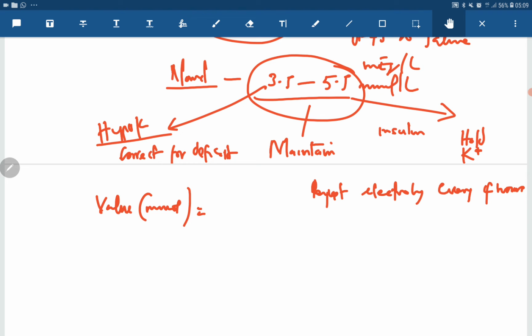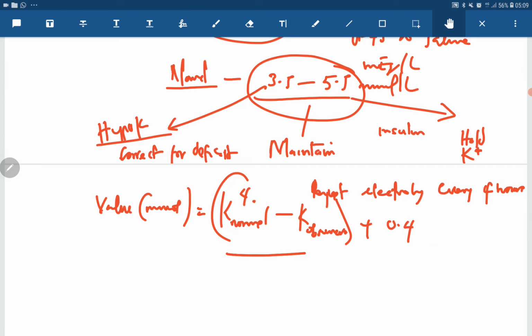It's going to be equal to the difference between the normal potassium value, which usually we take to be 4, and the observed value. This difference is very important.